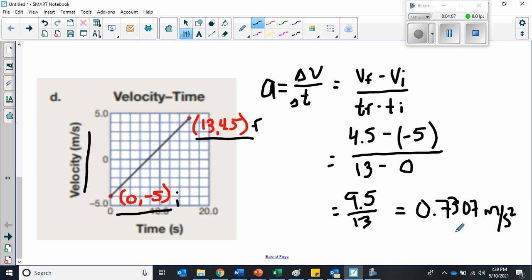And we can round it off because we have our 2 digits and we have 2 decimal points, 0.73 because of significant digits. Okay, so there we go. We got our acceleration quickly from here.